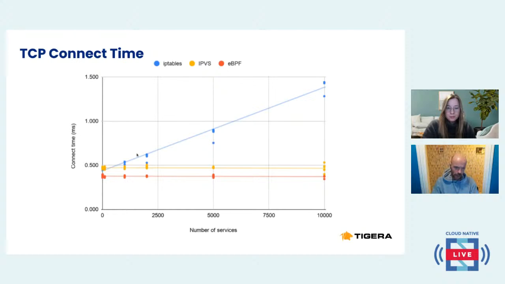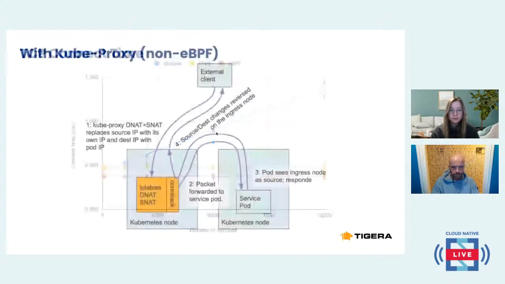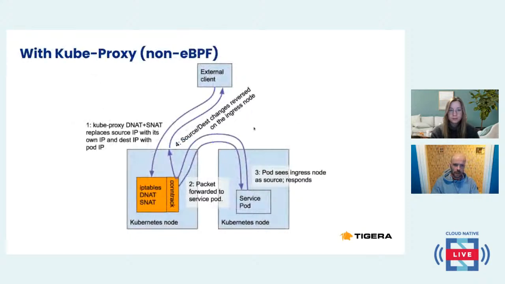So you've got performance, you've got that TCP connect time advantage, which, just to be really frank, if you only had a couple of services, you wouldn't notice it and you wouldn't care. But if you have a large number of services or a lot of session churn, then you really start to care about this.